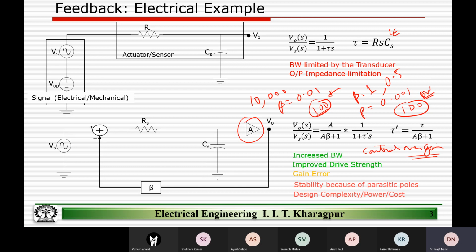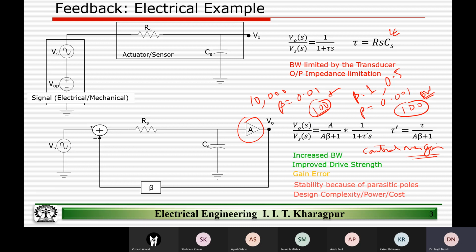And hence, when you end up designing instrumentation amplifiers, for example, in general purpose amplifiers, when you are doing analog circuits, the open loop gain is around 1,000 or 10,000, anywhere between 60 to 80 dB. And then the beta will ensure that the closed loop gain is maximum 2 or maybe 2.5. We typically don't go higher than that. That is what we use for normal general purpose applications.